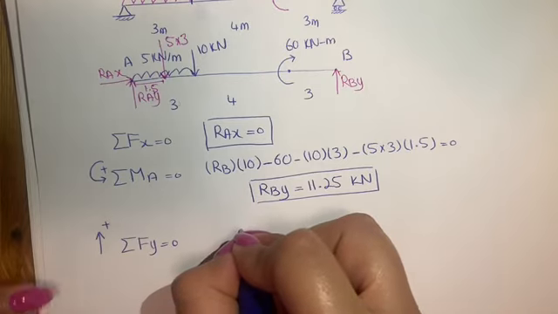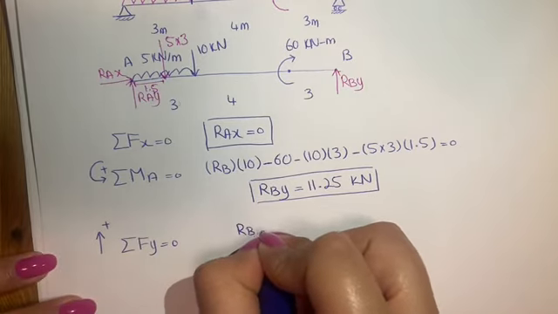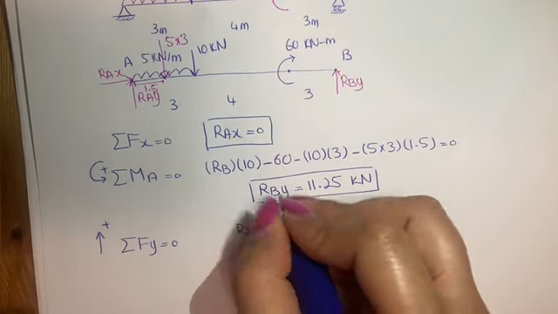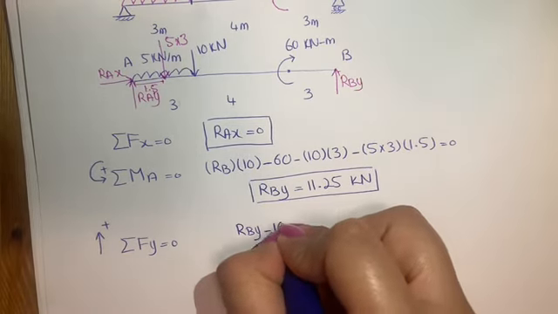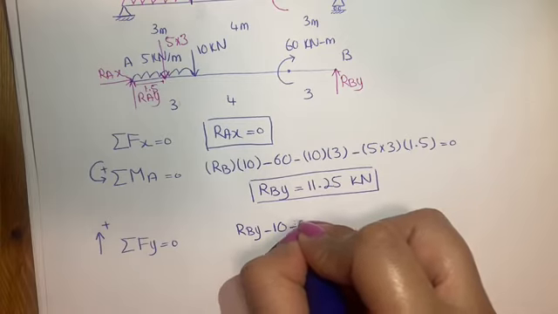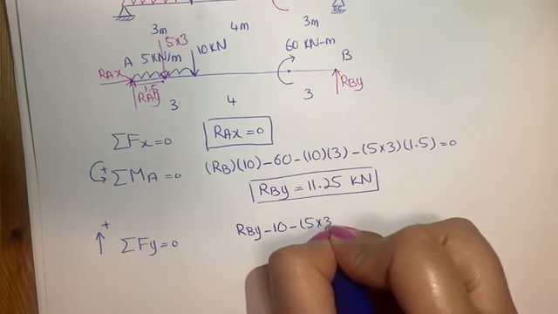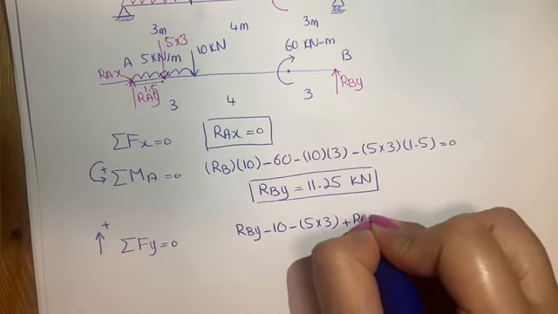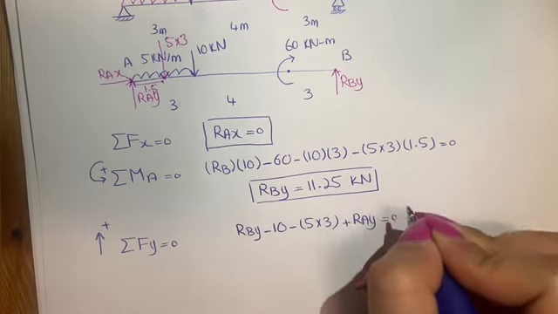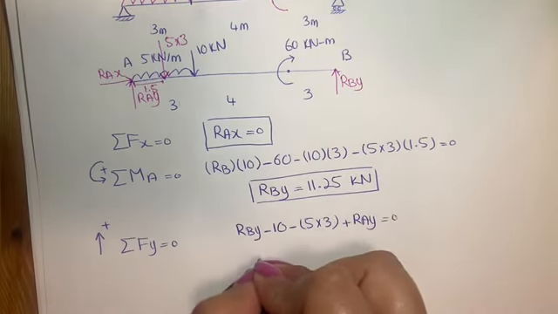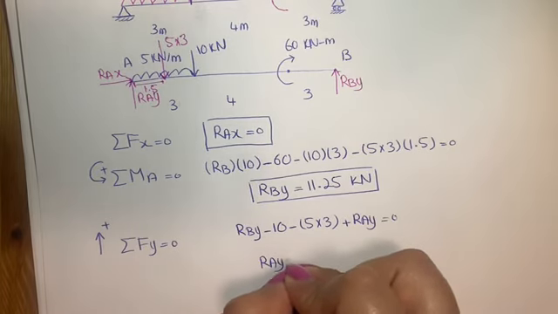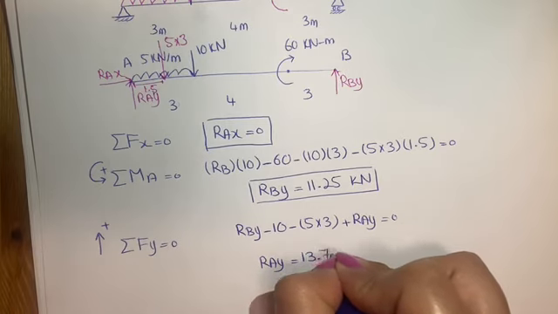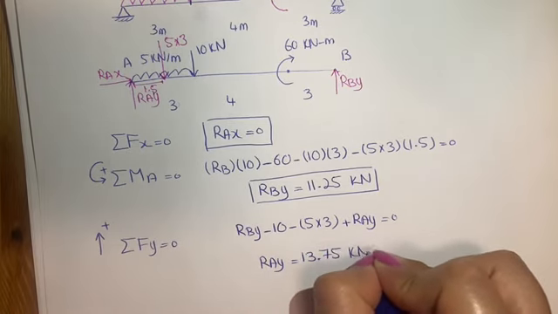So we have RBY minus 10 minus 5 times 3, which is the distributed force, plus RAY equals to 0, which leads to RAY equals to 13.75 kilonewtons.